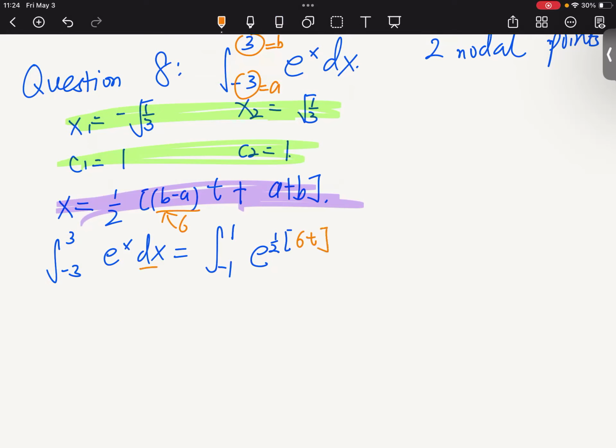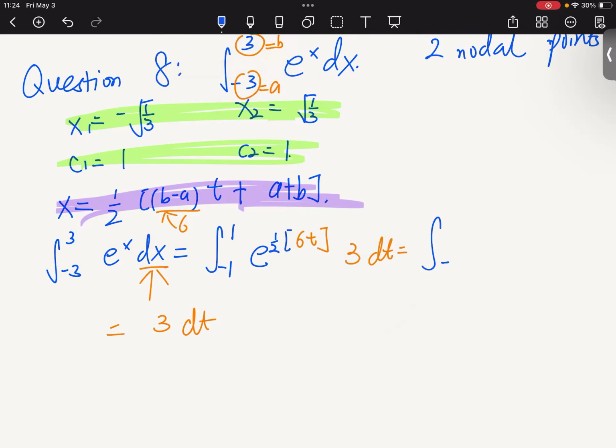And then what is dx? dx is equal to the derivative of x times dt. So the derivative here is 1/2 of b minus a, and 1/2 of b minus a is just 3. So we have 3 dt here.